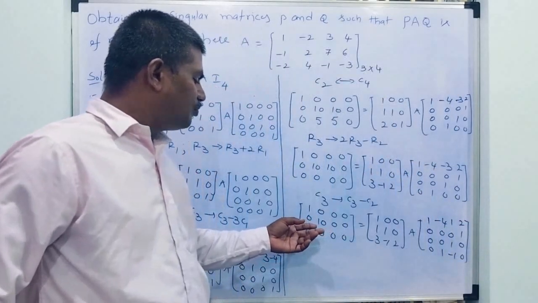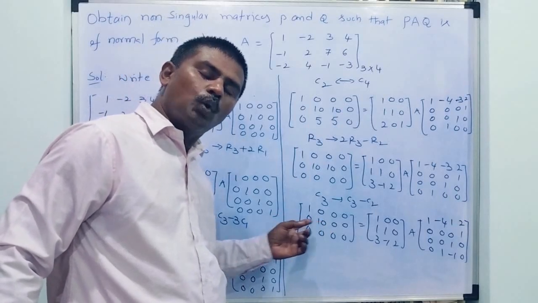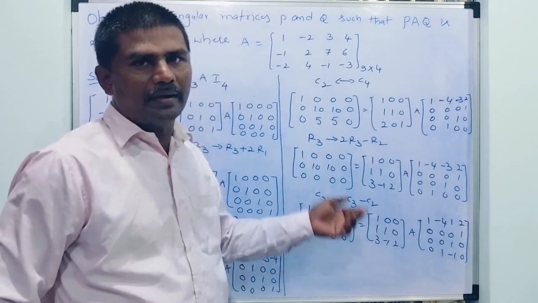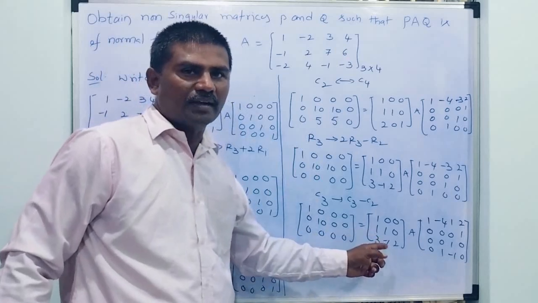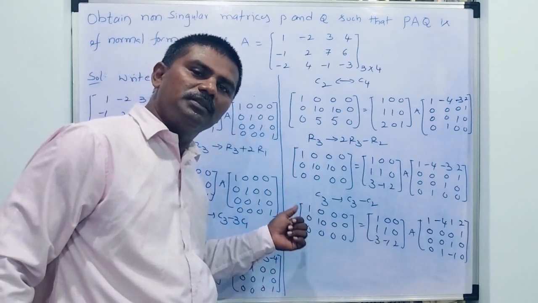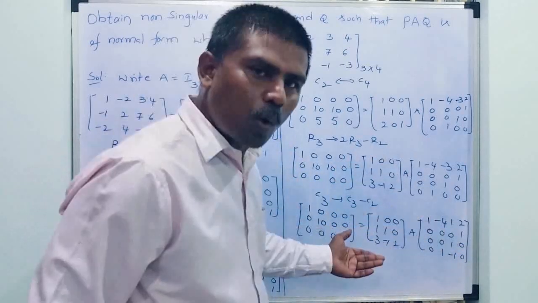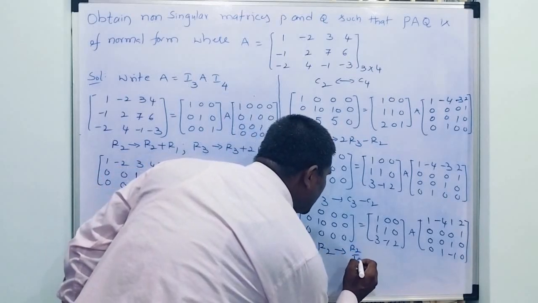Now, divide this element by 10. Either a row operation or a column operation can be applied. While applying a row operation, it should be applied on the prefactor. If you are applying a column operation, the same operation should be applied on the postfactor. So I am taking the row operation R2 tends to R2 by 10.